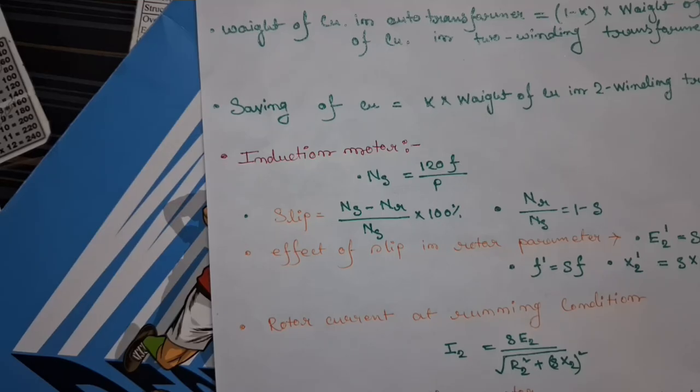And F dash is equal to S into F. Here F is stator frequency, F dash is rotor frequency, and S is slip. And X2 dash is equal to S into X2. X2 is stator inductance, X2 dash is rotor inductance, and S is slip.